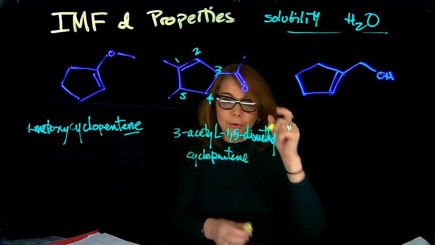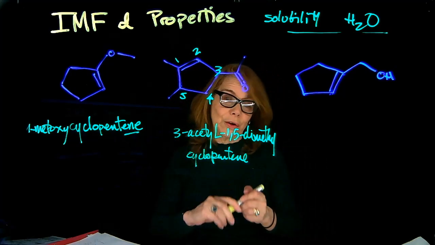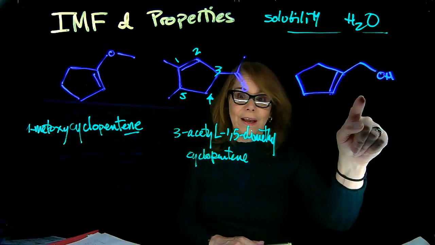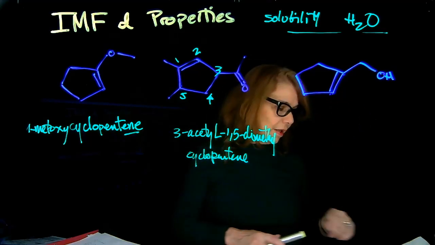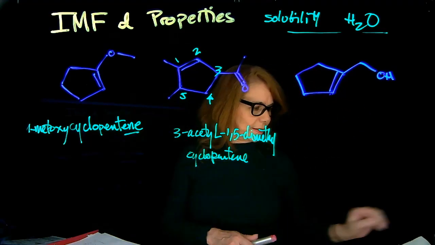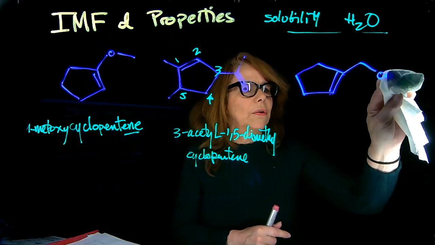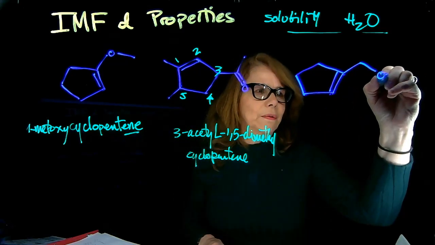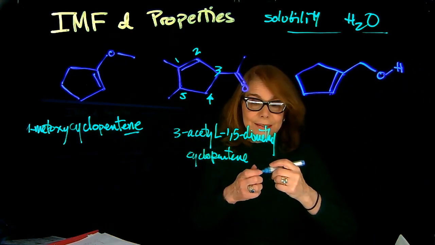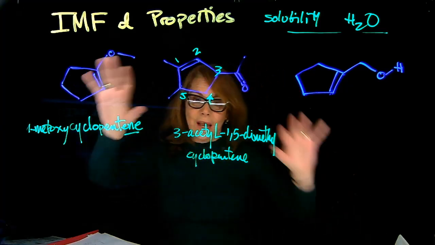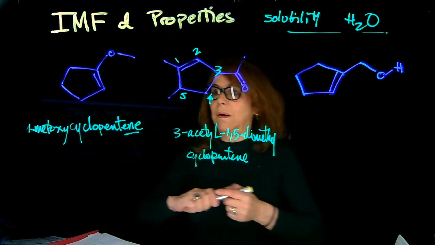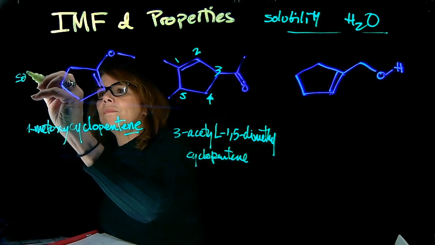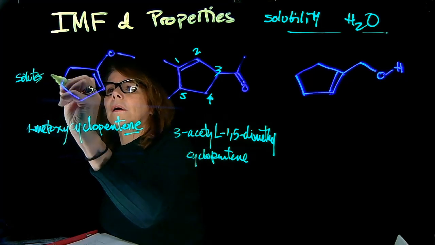But I'm interested in knowing the difference in functional group. Here I have another cyclopentene, but I have an alcohol. So let's draw the alcohol here more explicitly, because what we're trying to do again is identify intermolecular forces. These are my solutes, all of these.